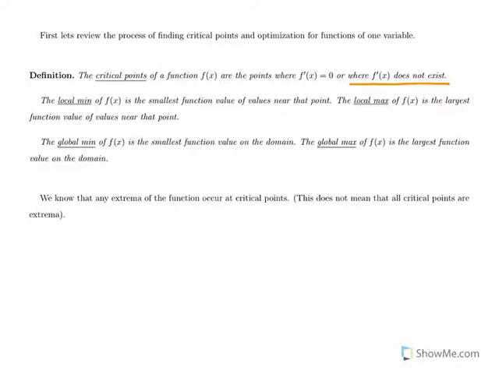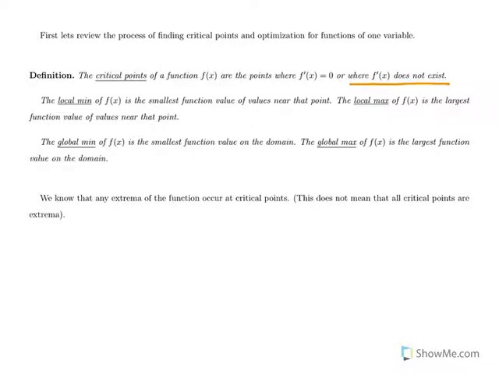That would be the global max. If you look at everywhere, there's a biggest point. So local min and local max are smallest and largest when you look just near that point. Global min and global max are the smallest and the biggest point with no exceptions. We'll look at some more differences between local and global mins and maxes in some examples.